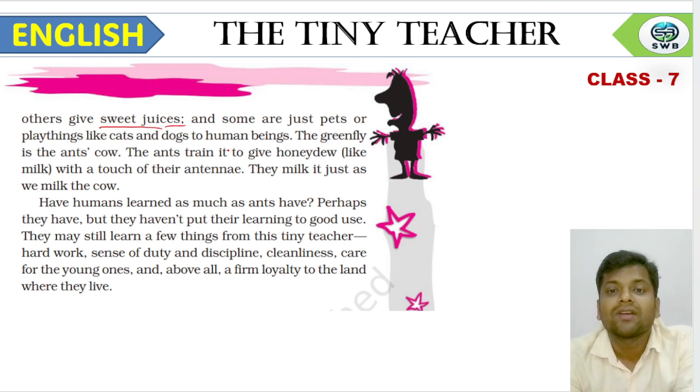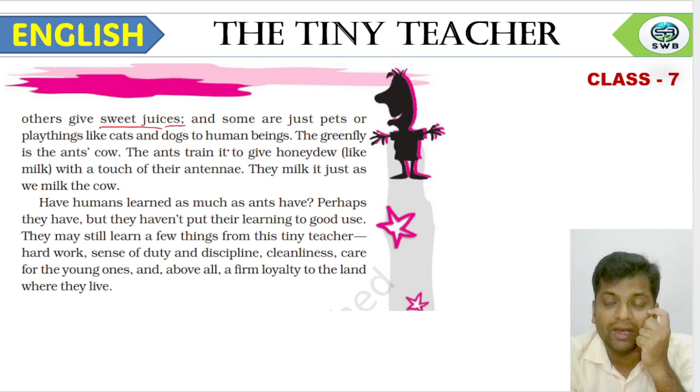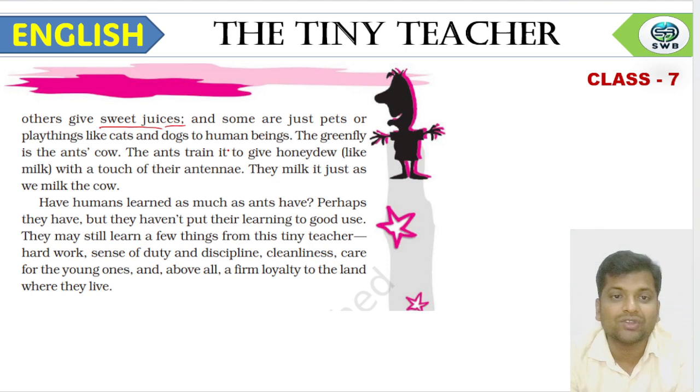Among them, greenfly is very important. As human beings keep cows to get milk, like that the ant society keeps greenfly as their cows, because greenfly is a little creature that always collects some honeydew.